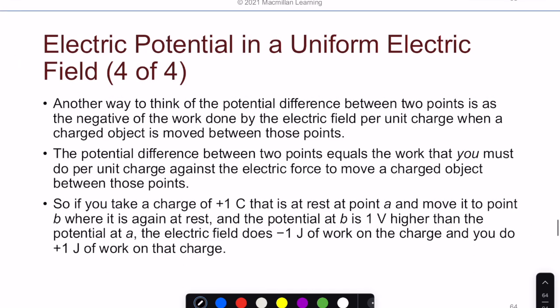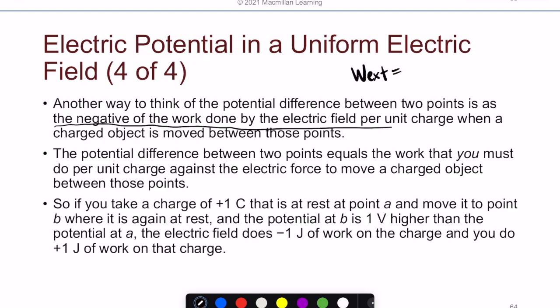So another way to think about the potential difference between 2 points, and this is what we talked about in the previous lecture, is we can think of it as negative of the work done by the electric field. Why? Because remember in that italicized bullet point in the previous slide, we said that we can think of potential energy as the work that you and I would have to do to move the charge, right?